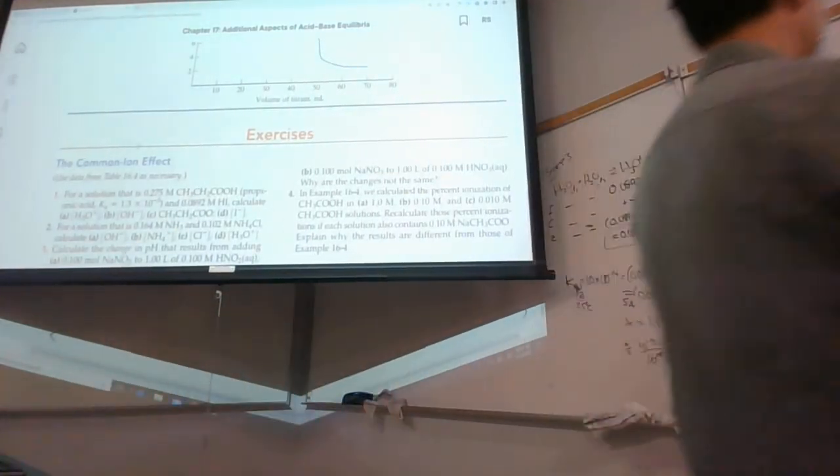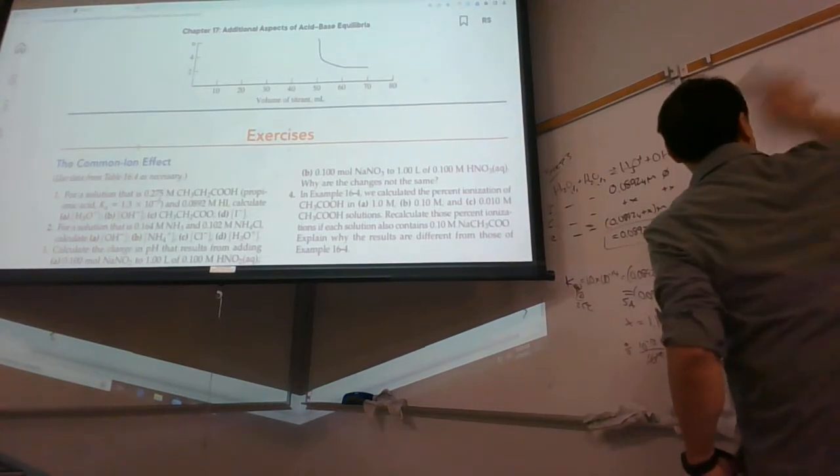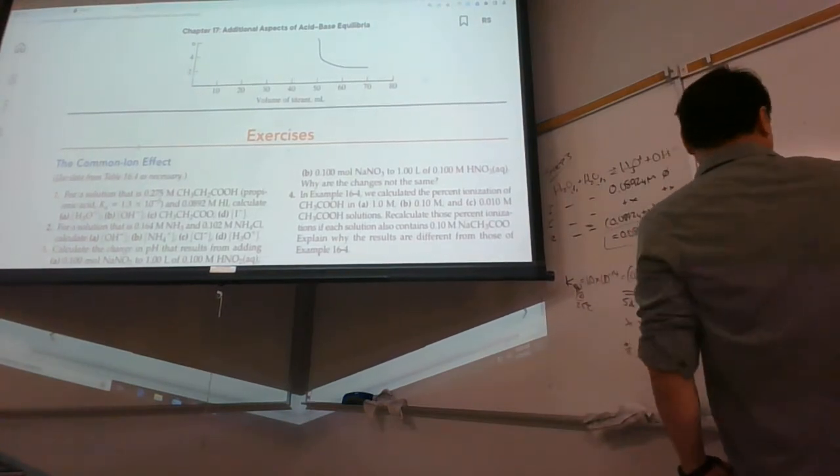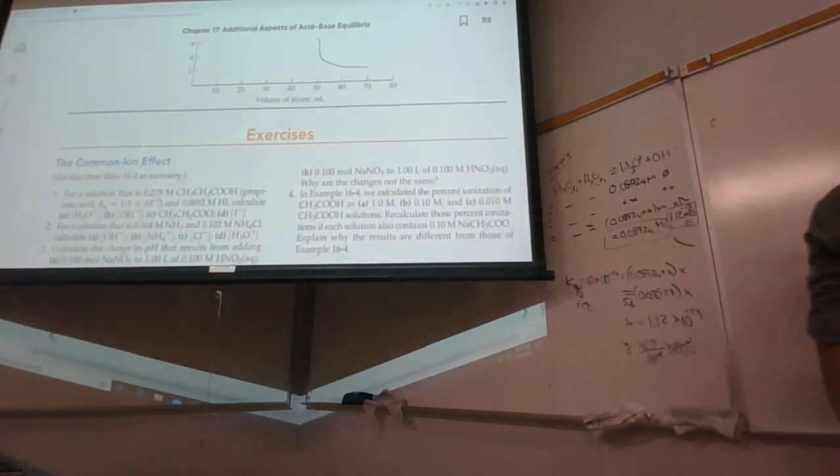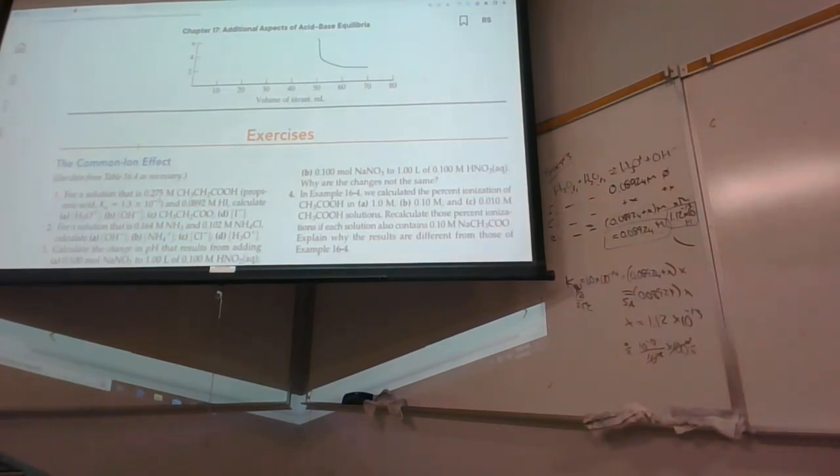So let's take a look at that. Is this unrelated or related? Related. They're conjugates to one another. And so we could use the Henderson-Hasselbalch equation. We don't have to. We can just treat this as normal ICE.